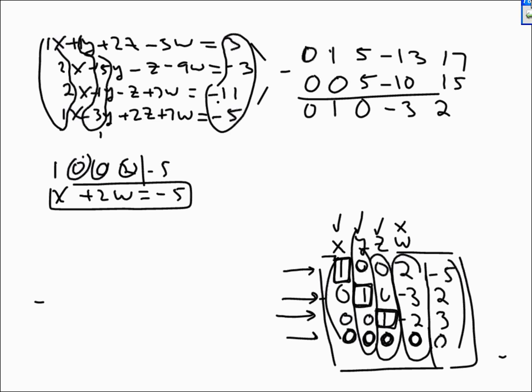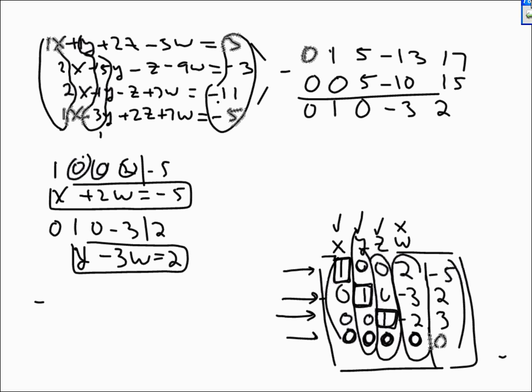The second row, 0, 1, 0, negative 3, 2: 0 X's, 1 Y, plus 0 Z's, minus 3 W's is 2. That's the second equation. The third line, 0, 0, 1, negative 2, 3: 0 X's plus 0 Y's plus 1 Z minus 2 W's is 3.